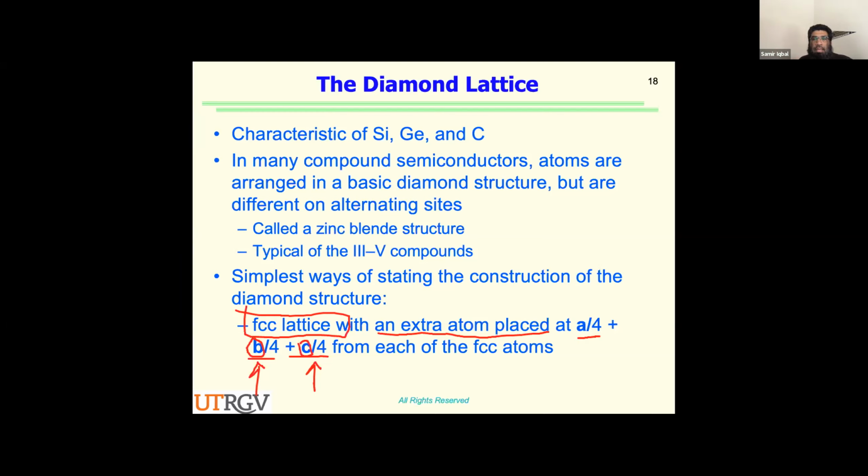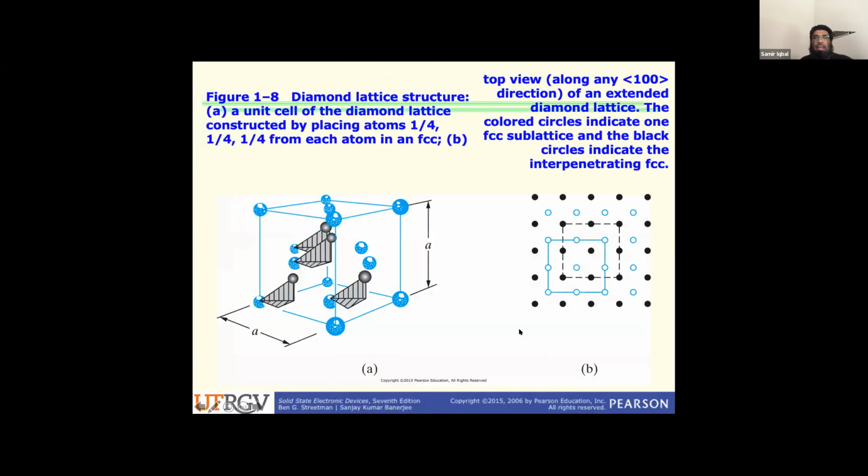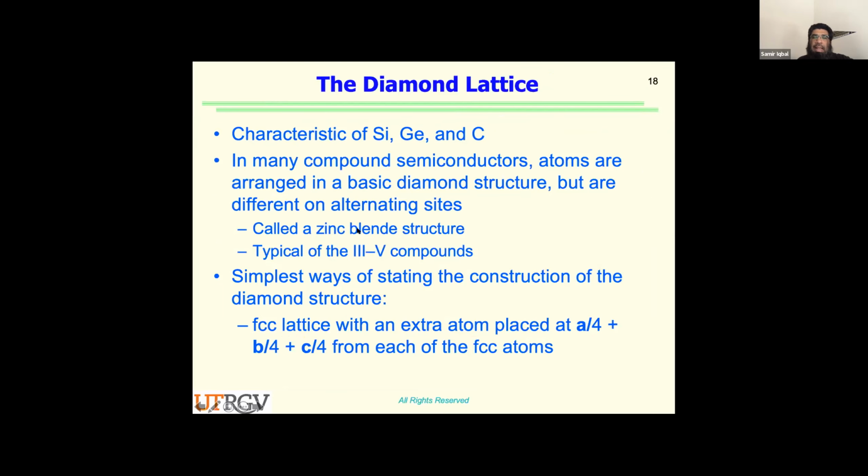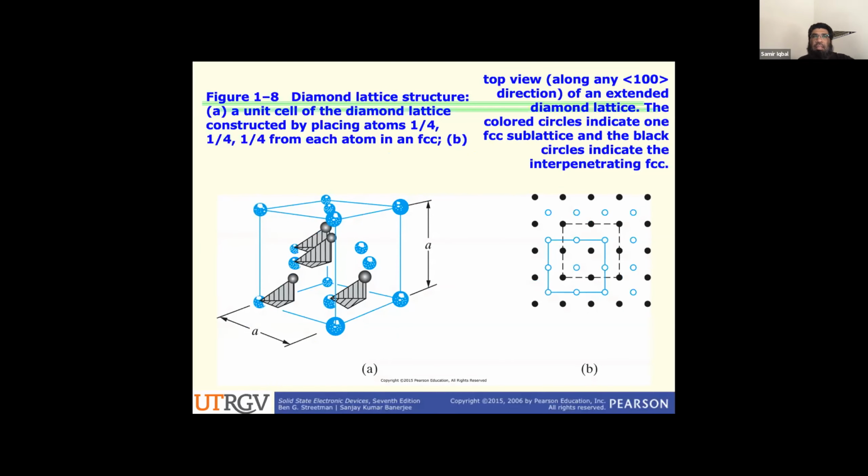So what essentially we are looking at today is the crystalline structure of silicon, which is the diamond structure, right? Not the diamond lattice. Which is FCC with 4 more atoms which are placed 1 by 4, 1 by 4, 1 by 4 from each atom in an FCC. Are you clear with me on this?